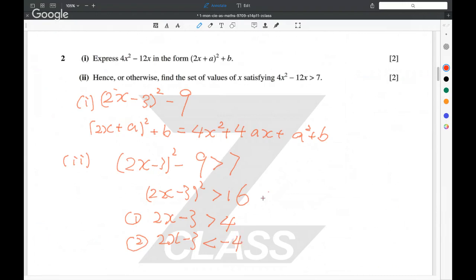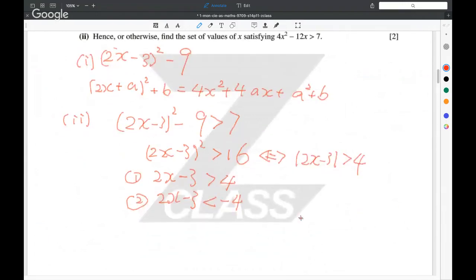So this expression is equivalent to saying that the modulus of 2x minus 3 is greater than 4. You can also draw a graph to help you interpret this result. So let's try to draw the graph of y equals 2x minus 3 squared.